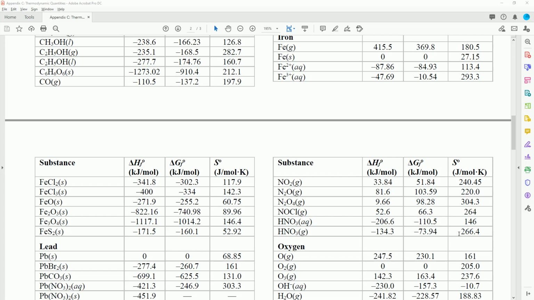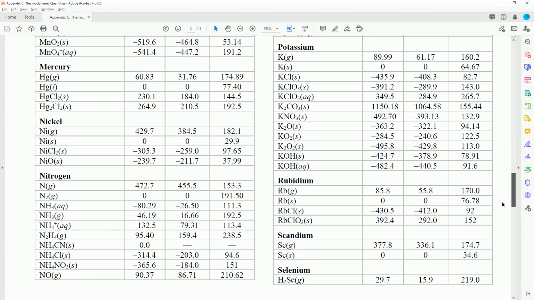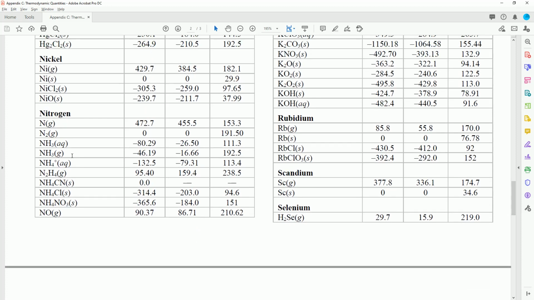I made a mistake writing it down, so 266.4. And then for NH3, let's scroll down here a little bit. NH3 gas, 192.5. And then NH4NO3 solid, 151. Those are all joules per mole Kelvin.